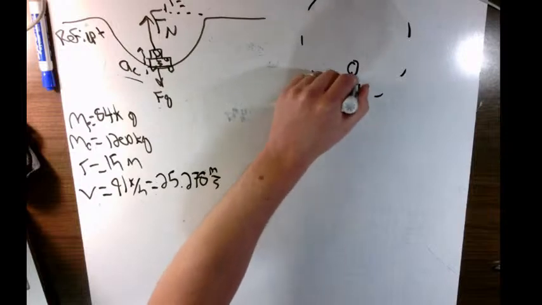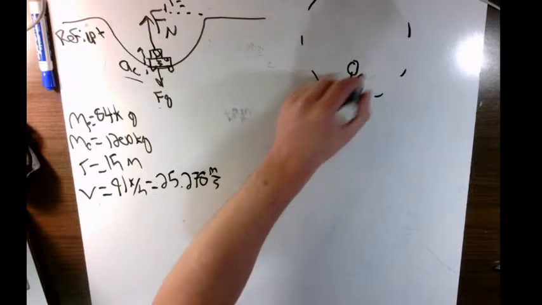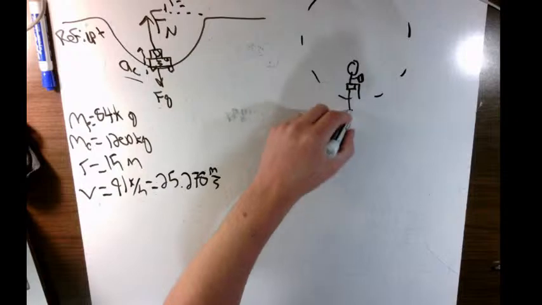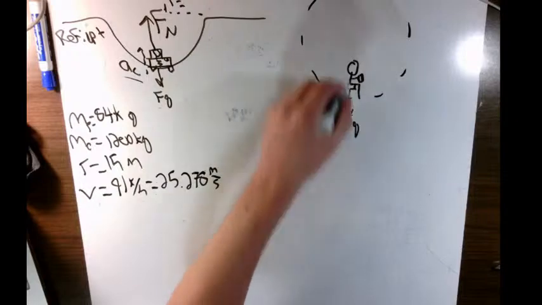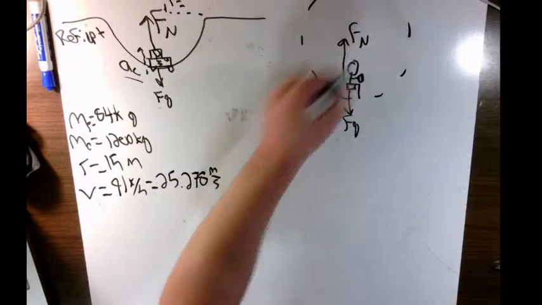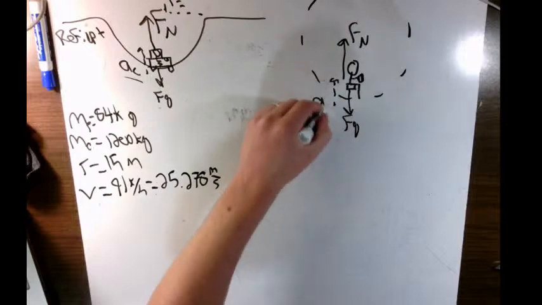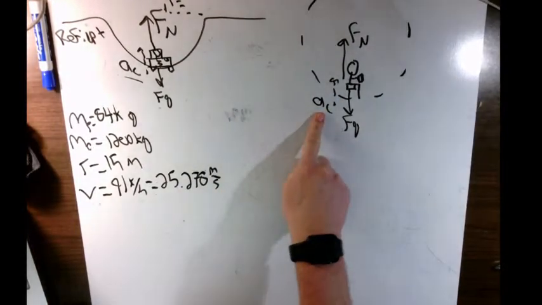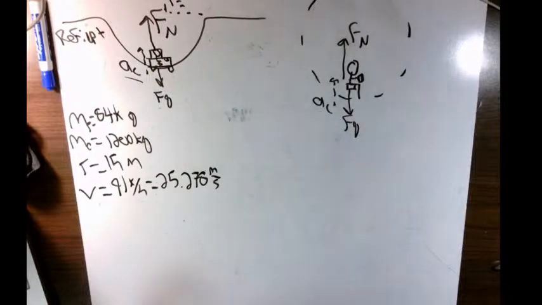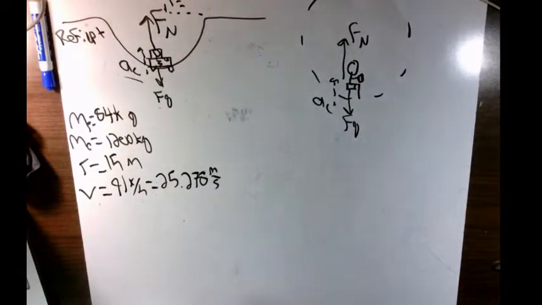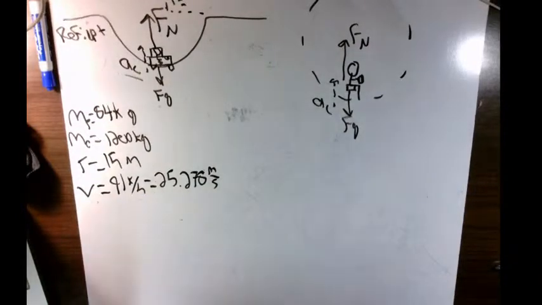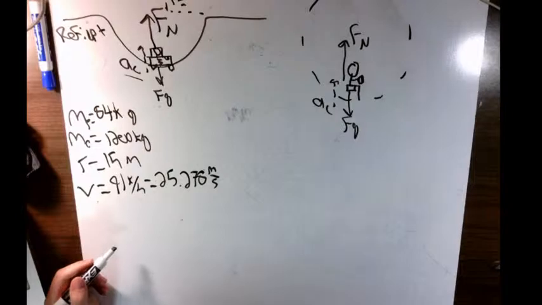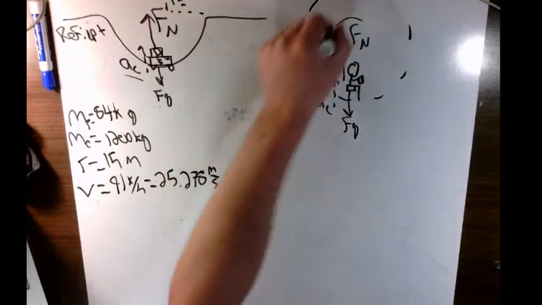They're going to have their force of gravity acting down on the scale and the normal force acting up, and they're going to be accelerating with centripetal acceleration upwards. Remember, the centripetal acceleration just means they're changing their direction. They're not actually speeding up or slowing down. Okay, so we need to determine the maximum scale reading, which is this guy.